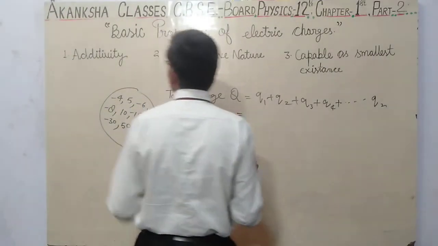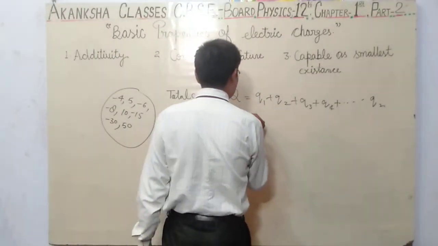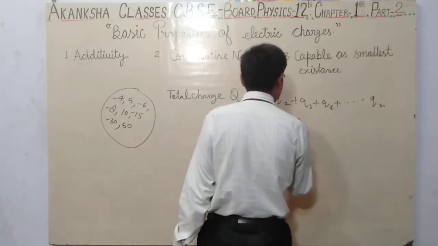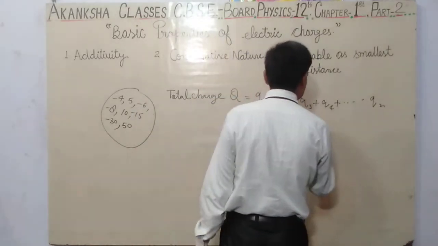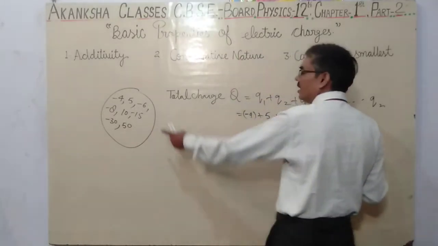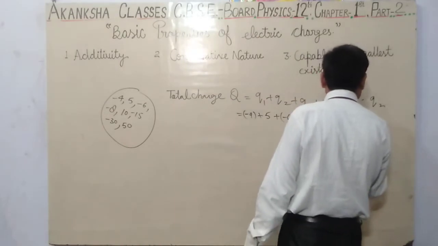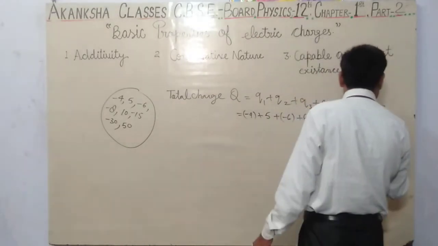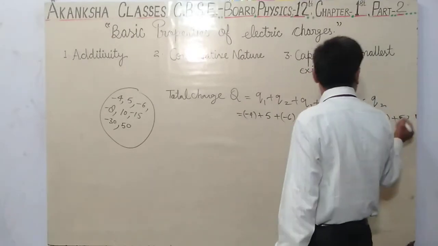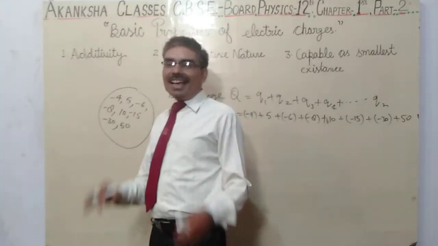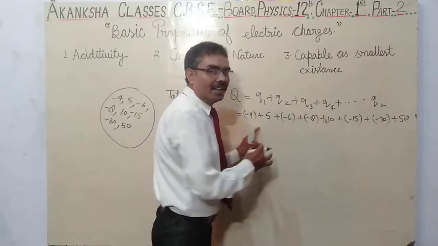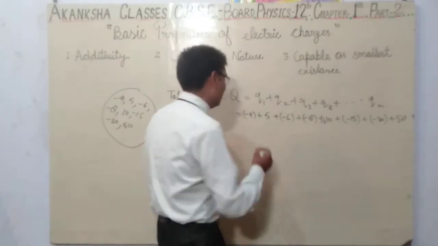First, the first charge is minus 4, second charge plus 5, third charge minus 6, next charge minus 8, next charge 10, next charge minus 15, next charge minus 30, next charge 50. As you used to do in lower classes, you learned how to get the sum of all these integers.